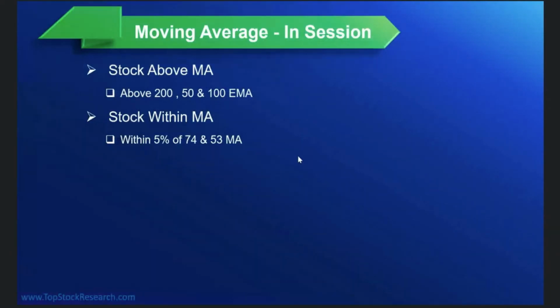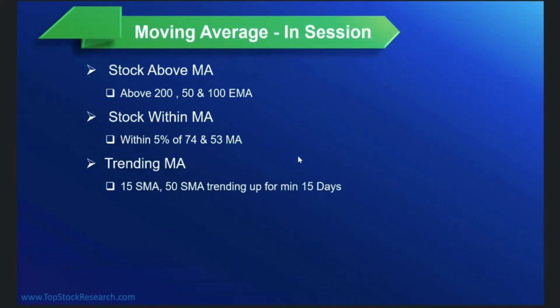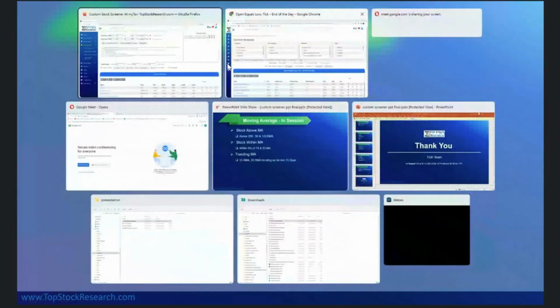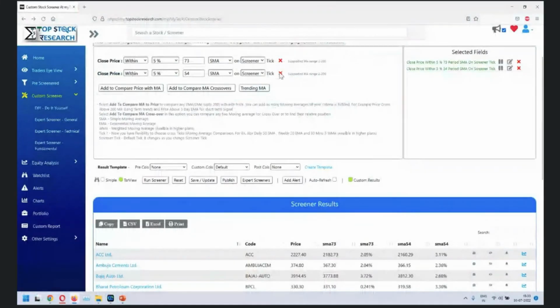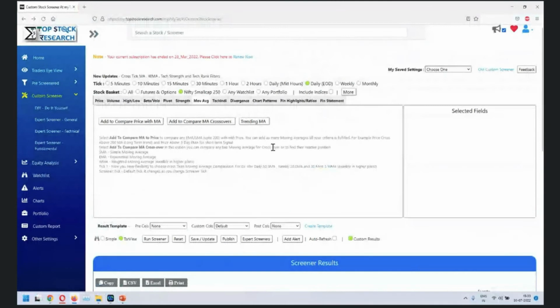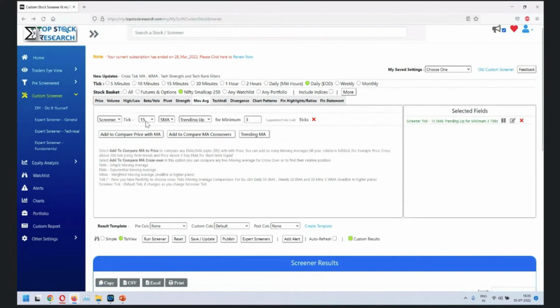What else do we have in this? Trending SMA 50 and 15. SMA trending for 15 days. All right. Now, what we have seen before is price and volume trending, but if you want to see the moving average also trending up, what you can do is 15 and 50, right?